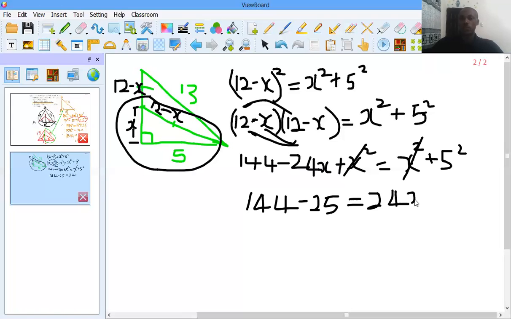So I will take 24x over to this side, subtracting 25 from both sides and adding 24x to both sides.